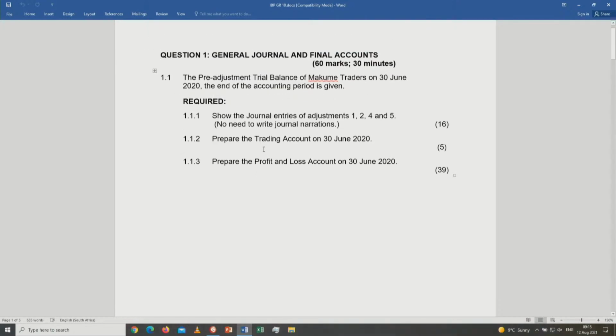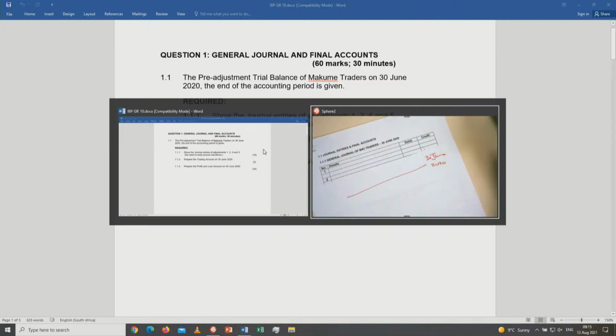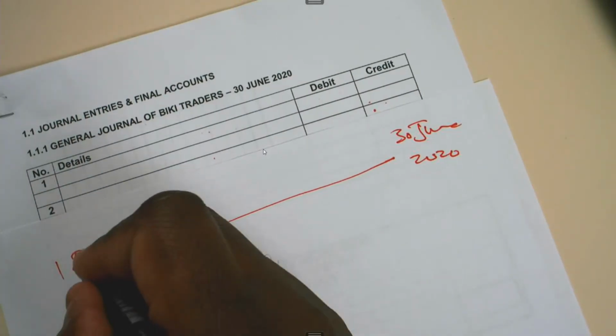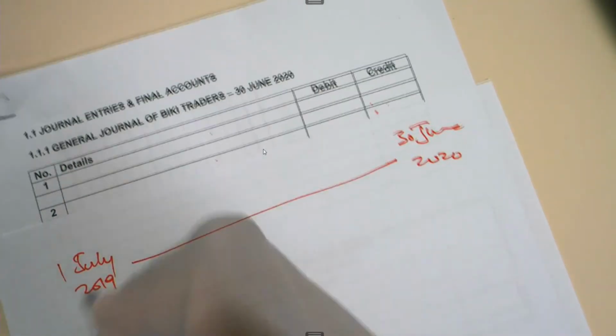In this case, the end of the financial year is 30 June 2020. Then it means the beginning of the financial year would be a day after this one, which is 1 July 2019.